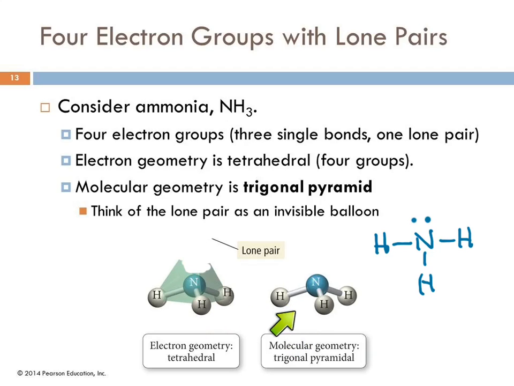See that? So that lone pair is there, but molecular geometry is looking at the positions of the atoms in the molecule, not just electrons. Remember, electrons are unbelievably tiny. They are tiny even compared to hydrogen atoms. And so they would not show up on a picture.